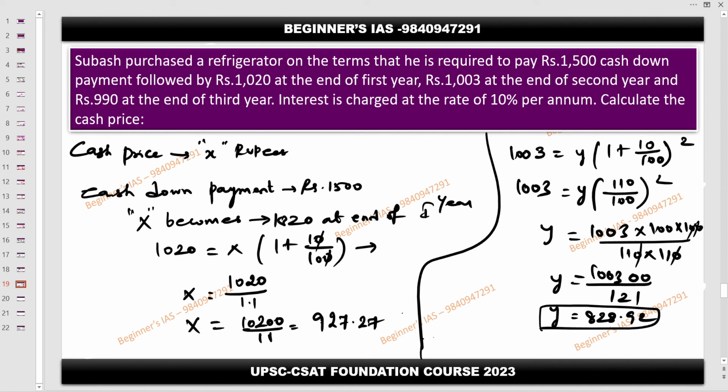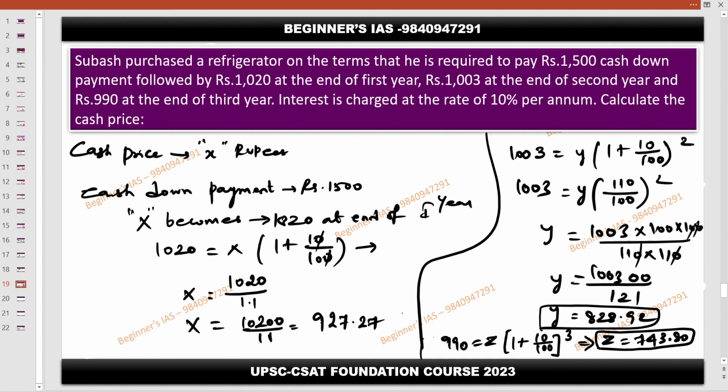For Z, 990 is equal to Z into the whole cube, since it is the third year, so 1 plus 10 by 100 the whole cube. If we calculate, then Z will become 743.80.